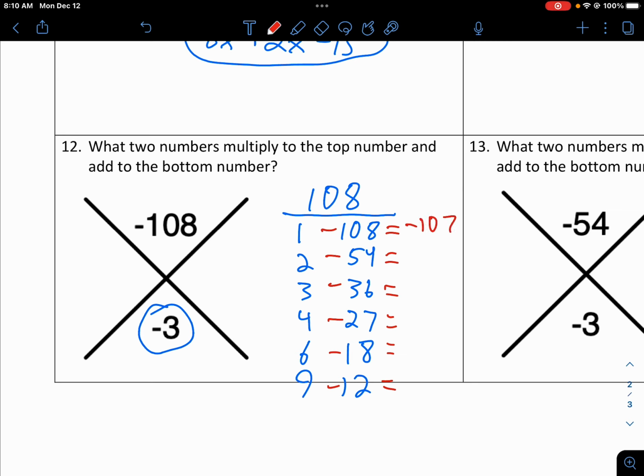Nope. 2 minus 54, negative 52. Nope. 3 minus 36, negative 33. No. 4 minus 27, negative 23. No. 6 minus 18, negative 12. No. 9 minus 12, negative 3. Bingo. So 9 and negative 12. Those are your answers. Okay?